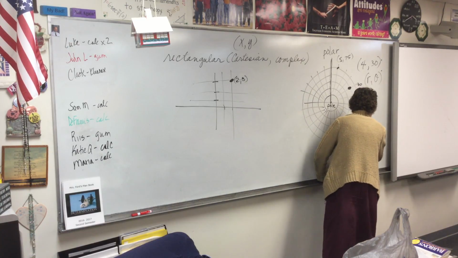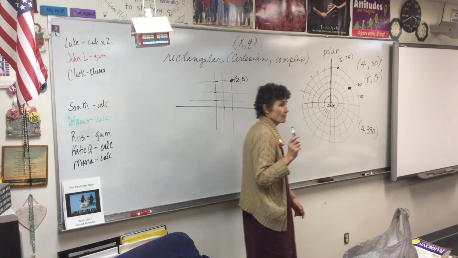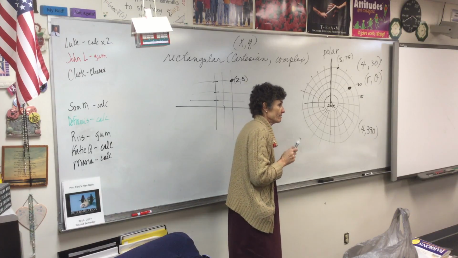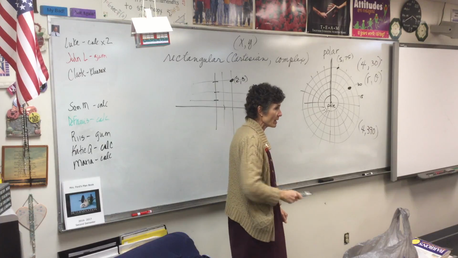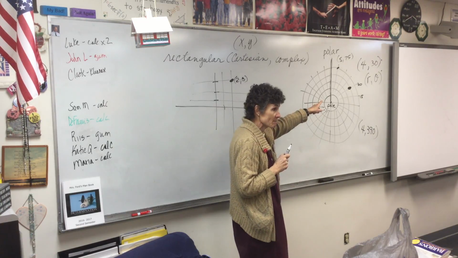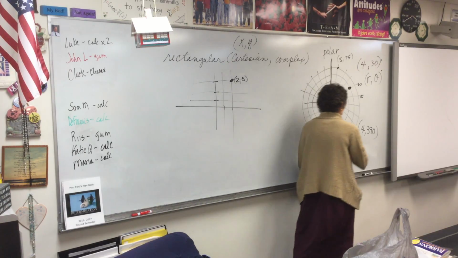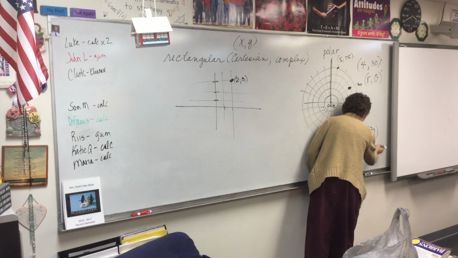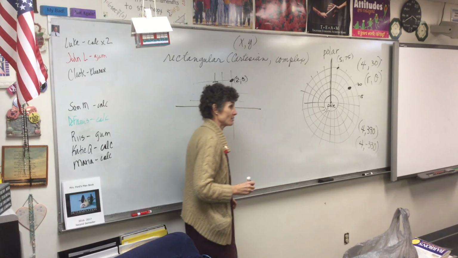If I said, let's graph 4, 390, that would mean, no, not negative 390, 390. What does 390 do? 390 goes all the way around and 30 more. Wouldn't that put me in the same spot? Now, if you wanted to go negative, it would be negative 330. That would put me in the same spot too, right?